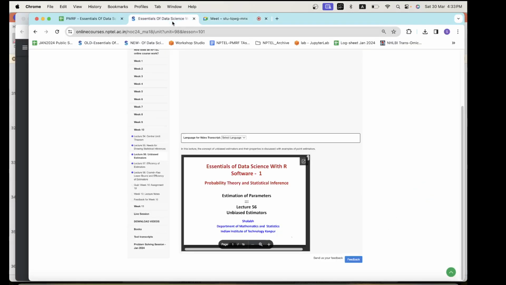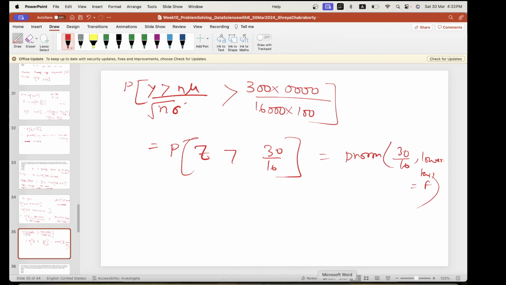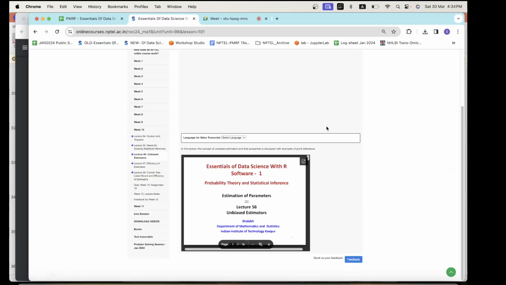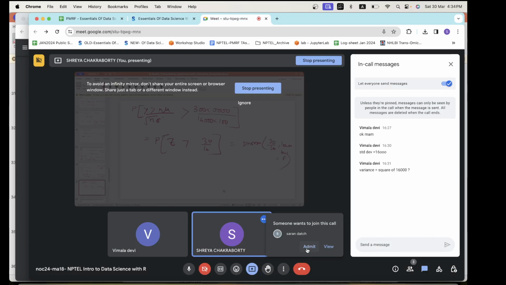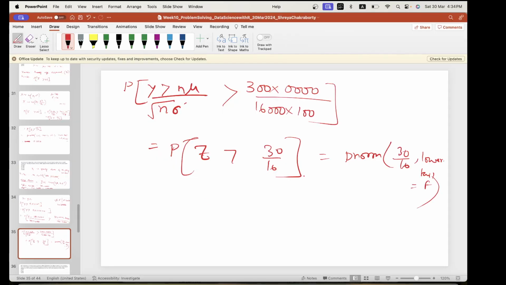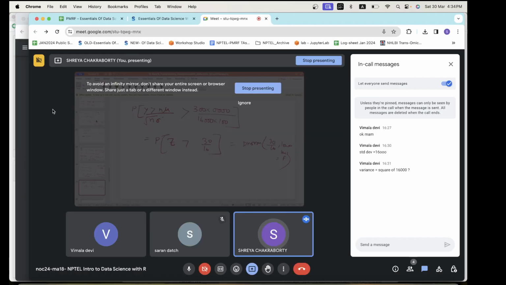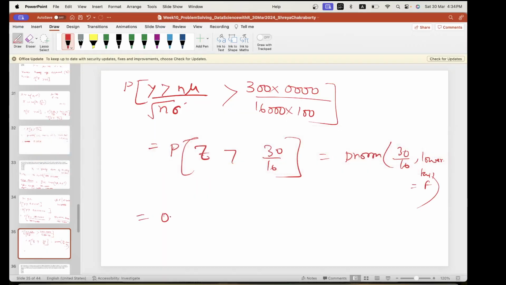So we'll just type out here pnorm(30/16, lower.tail = FALSE). So that will be 0.03.